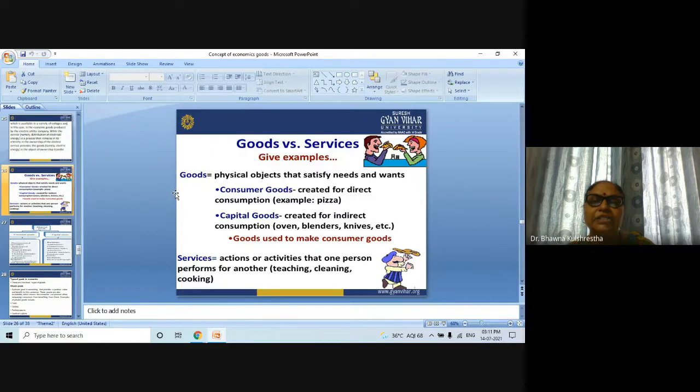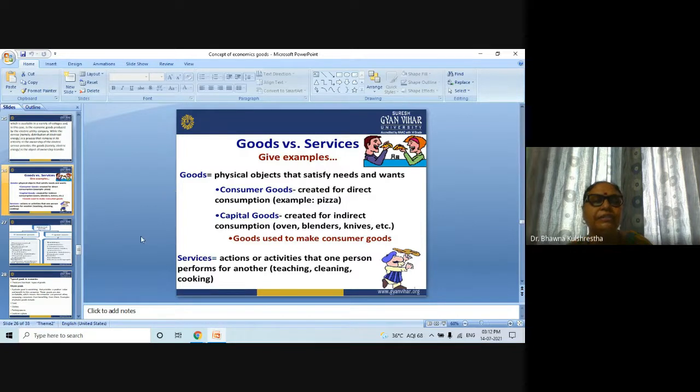Services are actions or activities that one person performs for another. Teaching, cleaning, cooking. All are goods and services.